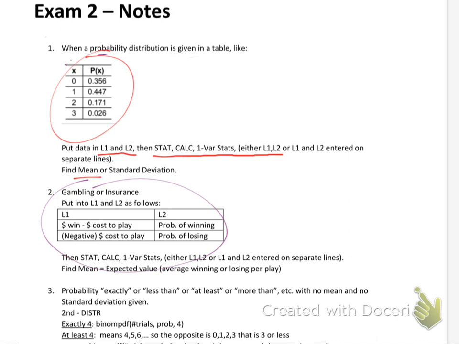On our notes. There it is, number 2, gambling or insurance. So you're supposed to make that table right there that it says, this table. So let's do that.